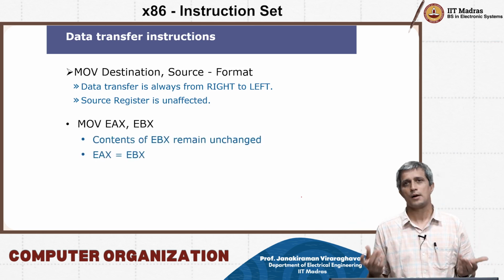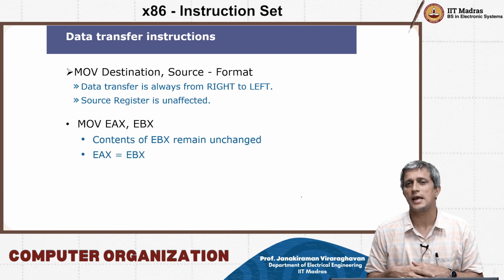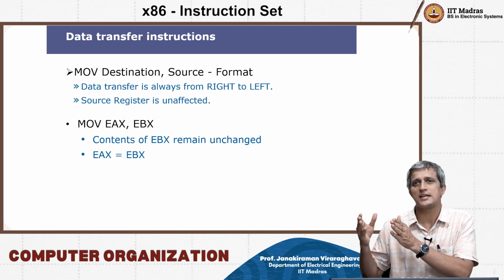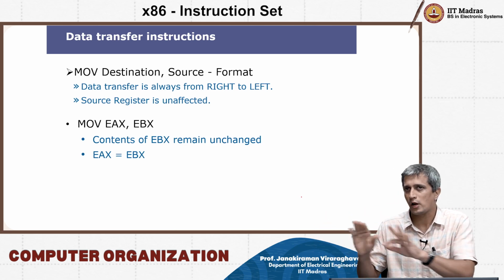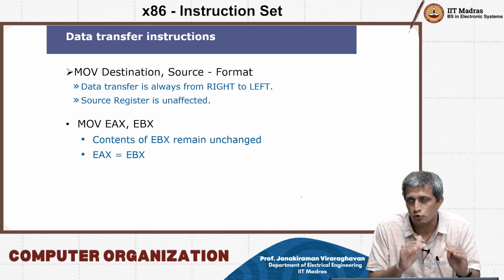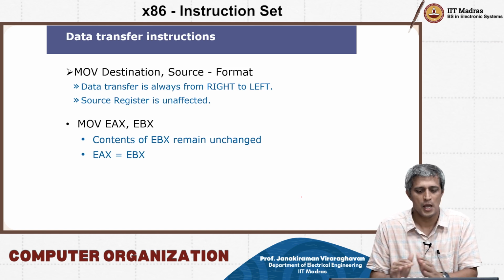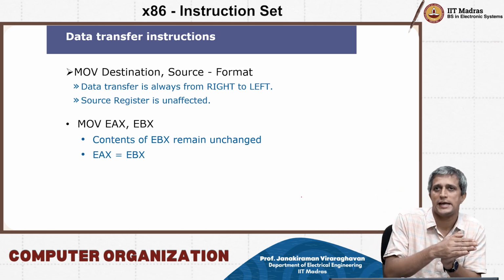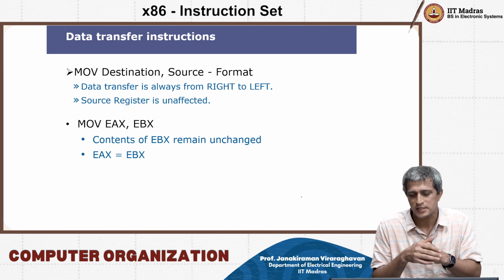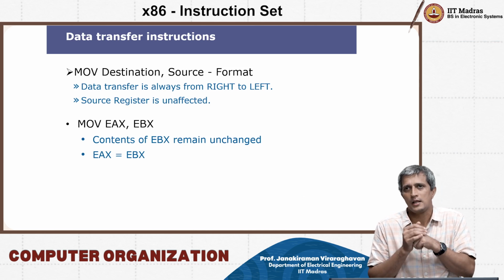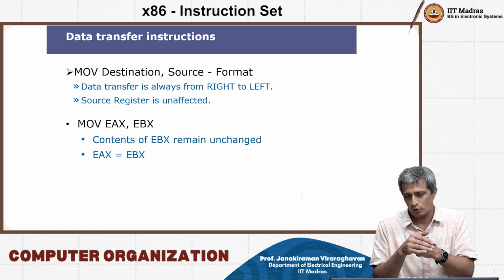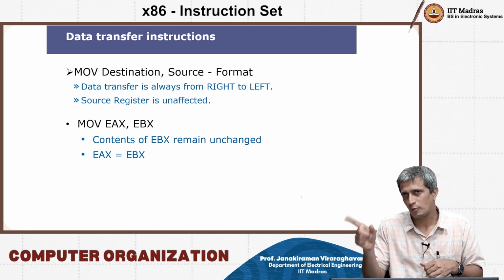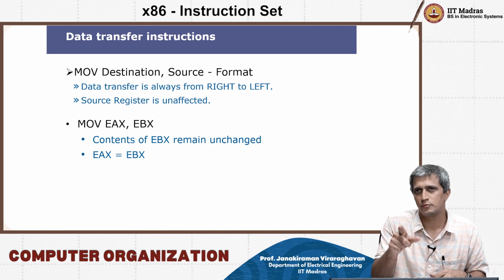For example, if you say MOV EAX, EBX, whatever is in EBX remains unchanged even after the execution of this instruction, but whatever is in EBX will get written into EAX. So the effective operation is EAX = EBX. Of course, EBX remains unchanged.